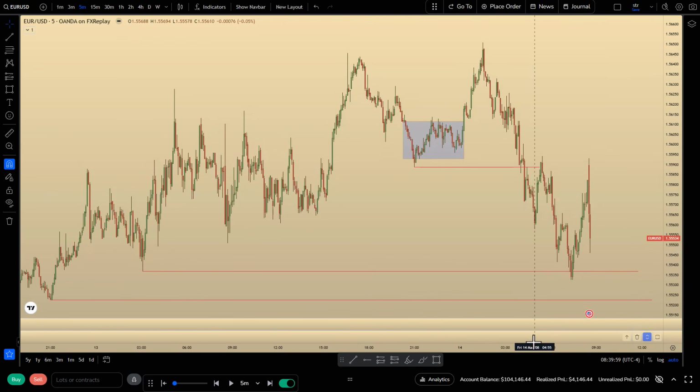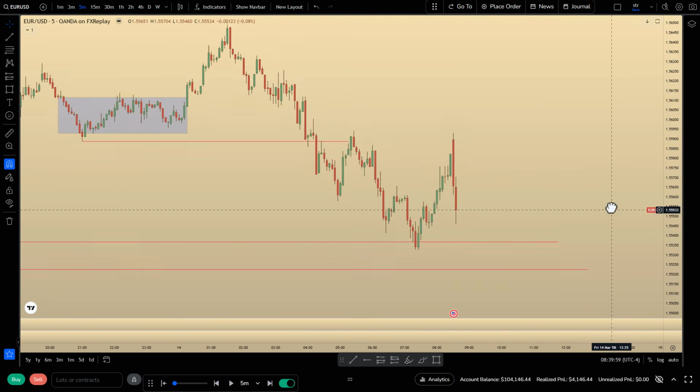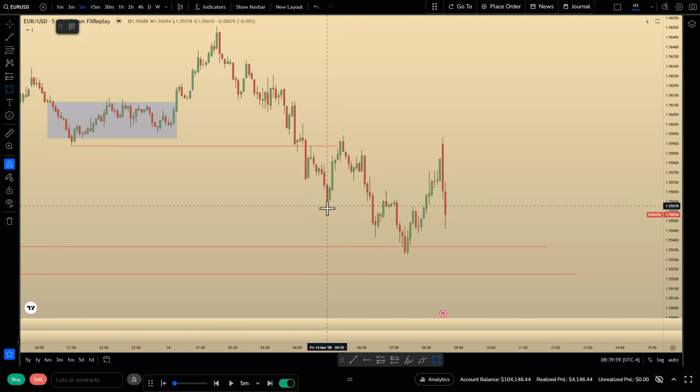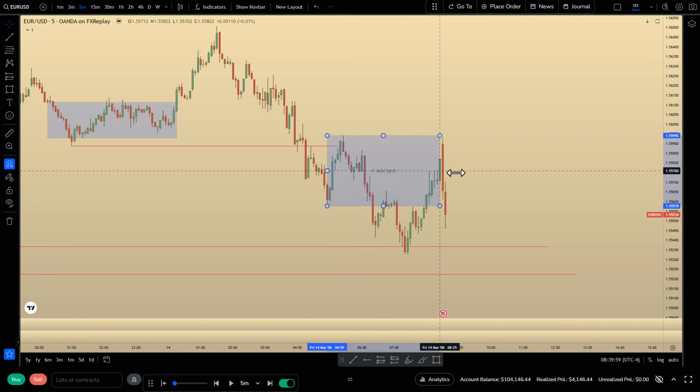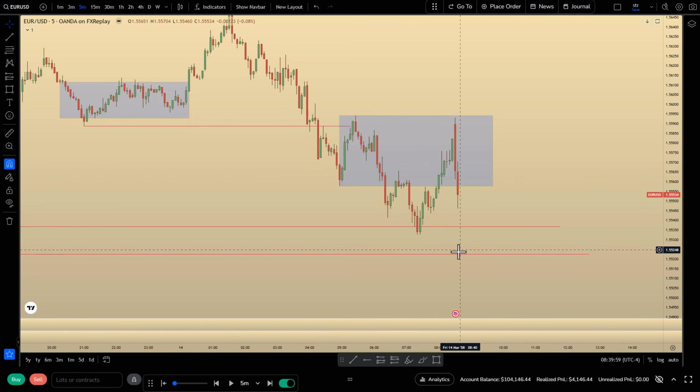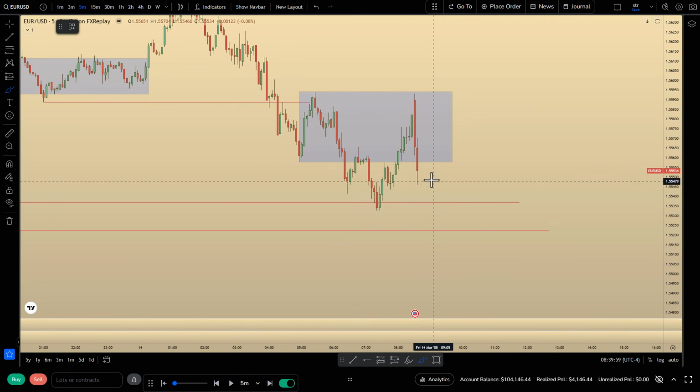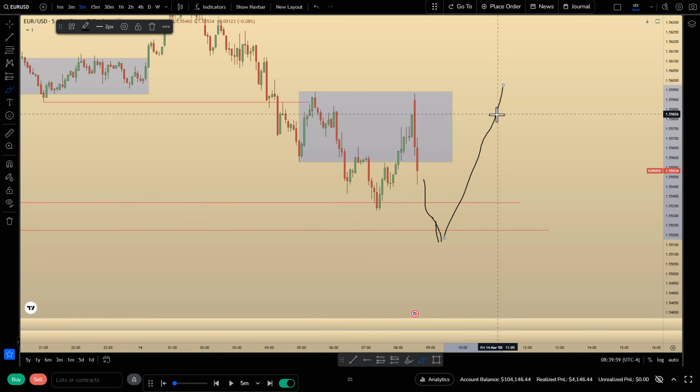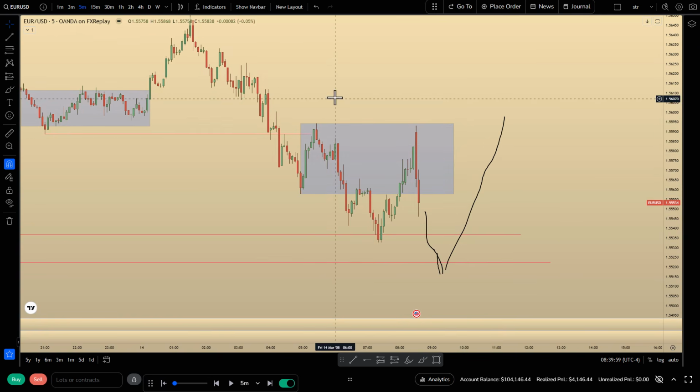Let's see. But this is pushing price, so we can easily have another push right here, and then we might get our long, right?